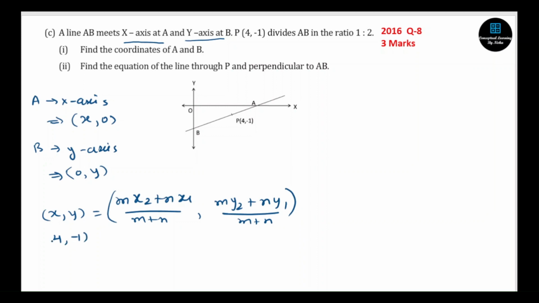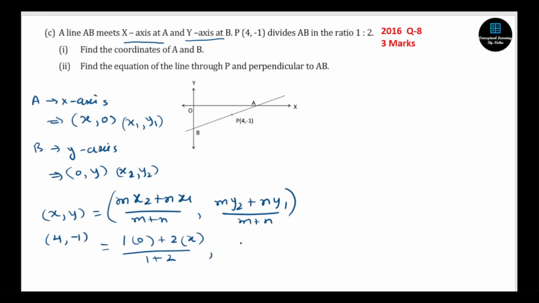4 minus 1, which is equal to, m is 1, x2. This is x2, y2 for us, this is x1, y1 for us. Okay, so x2 is 0 plus 2 into x1. x1 is x, upon 1 plus 2.